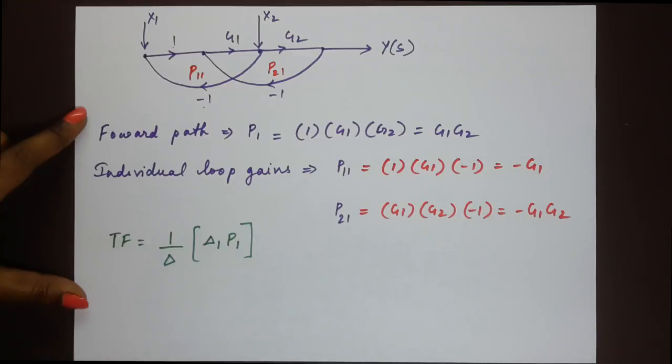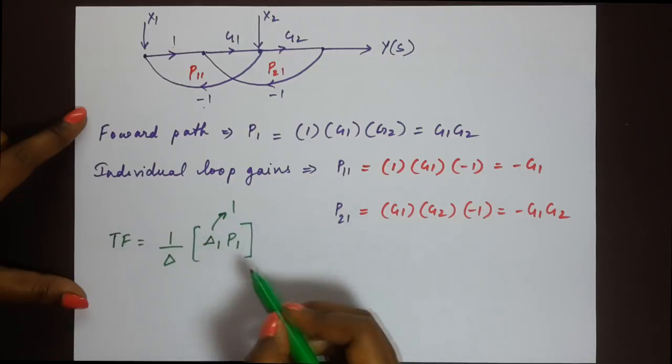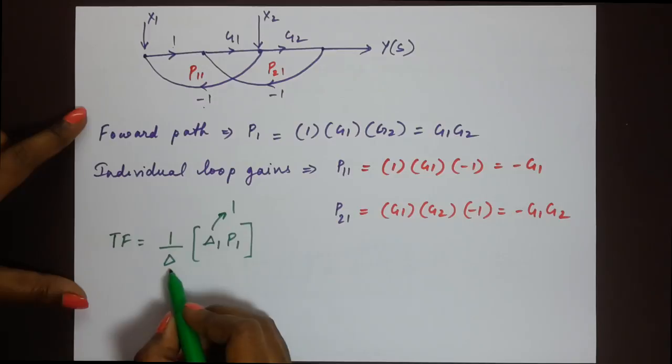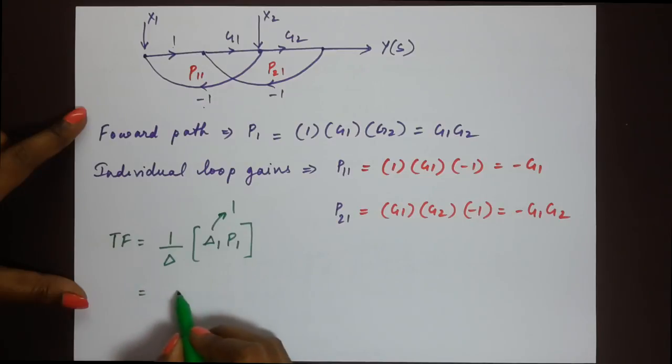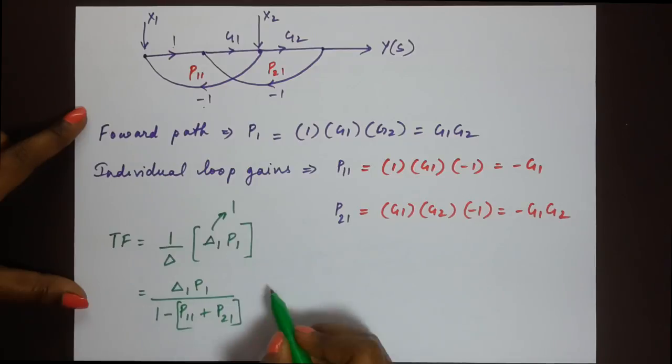Here k is equal to 1. Now delta 1, the value is 1 since we don't have loops that are not touching the forward path. And delta, if we expand that, we get 1 minus P11 plus P21. Now let's substitute the values.